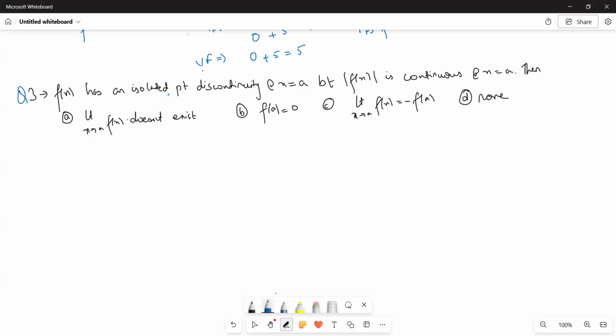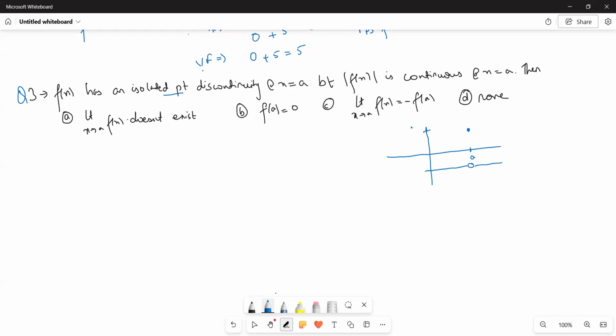So the function has an isolated point discontinuity implies that the limit must exist. So LHL is equal to the RHL and f of a is somewhere else. Graphically speaking, at x equal to a, the graph must be something of this form. It doesn't necessarily have to be a continuous function, but something like this should happen.